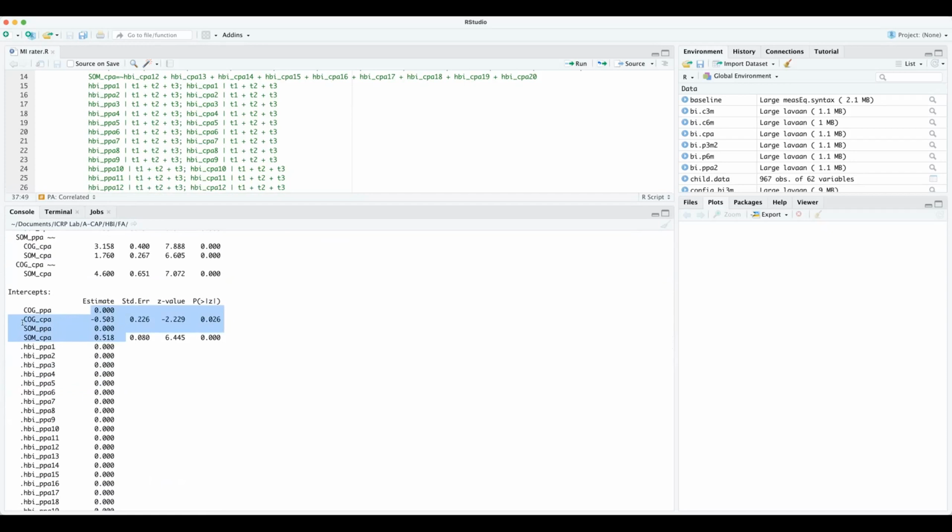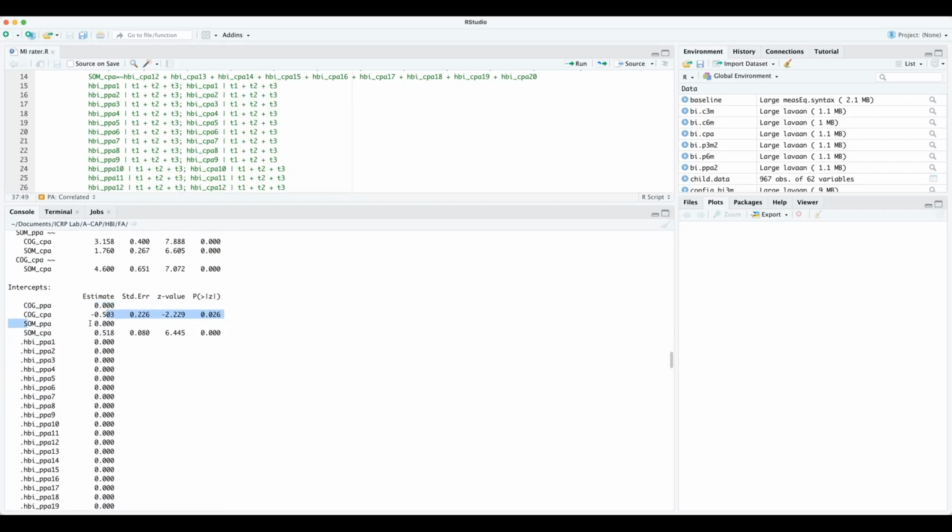I guess I did estimate the factor mean for the child, so we can compare. Basically this means compared to the parent, the child rated themselves lower in their cognitive symptoms. And in terms of somatic, compared to the parents, the child rated themselves higher with their somatic symptoms. You can compare these between groups and different times as well.